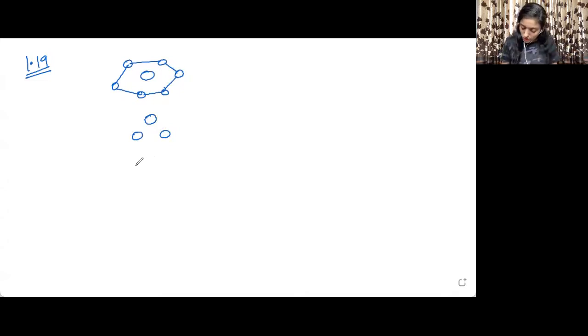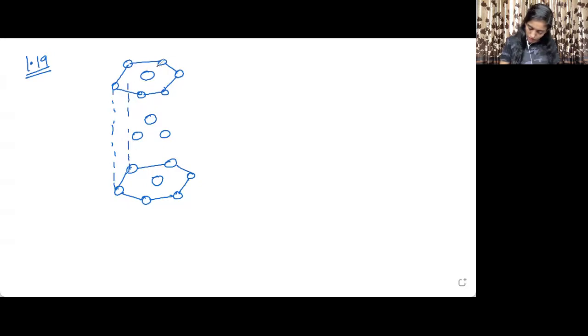Below this also, the second end of the hexagon, these are all oxide ions. You can connect these dotted lines so that you can show the hexagonal shape. Now this is the hexagonal shape, HCP, hexagonal close packing.